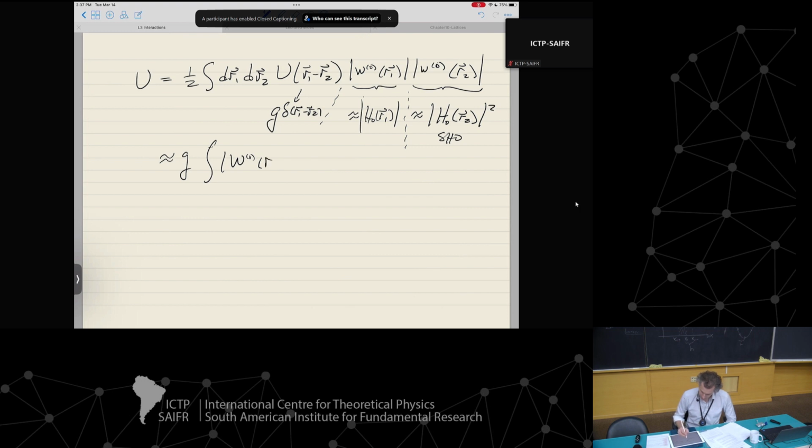And so now we just have some kind of relative coordinate to the 4th power d cubed r times some constants. And what's nice about this harmonic oscillator approximation is you can integrate the absolute value of Gaussian squared, and you can come up with a nice approximation. If you do that, you find that this U is equal to the following.